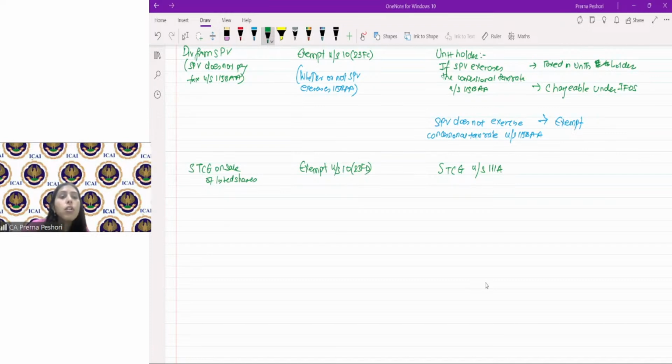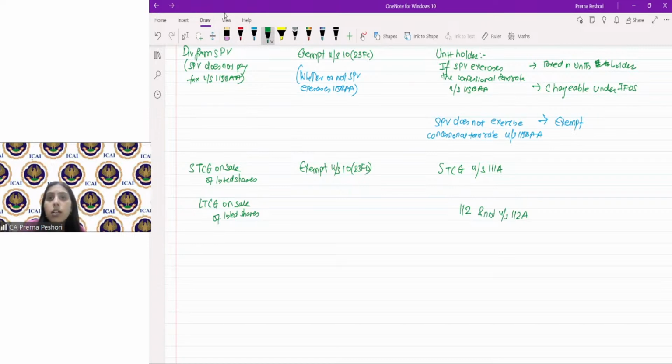If it had been a long-term capital gain on the sale of listed shares, then it will fall under 112 and not under 112A. This will fall under 112 and not under section 112A.